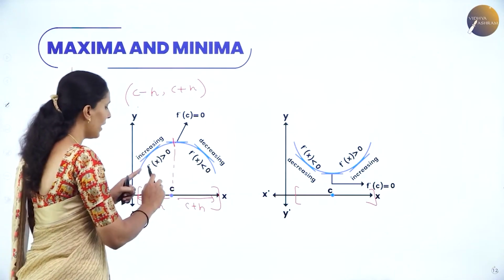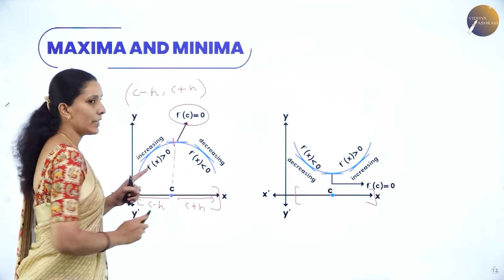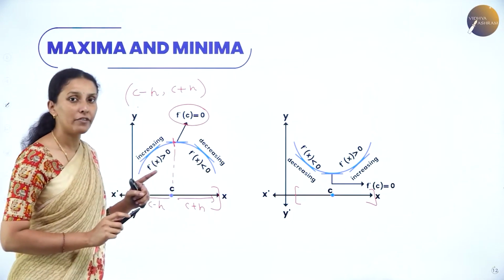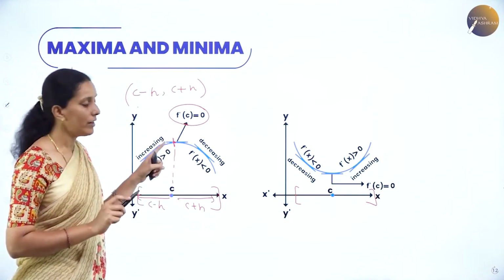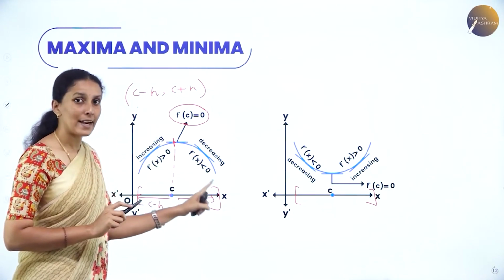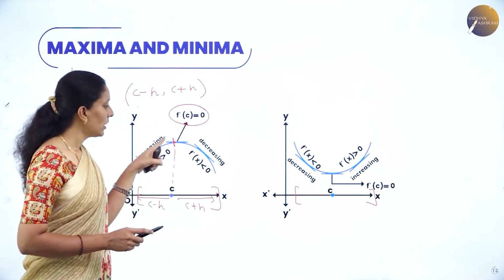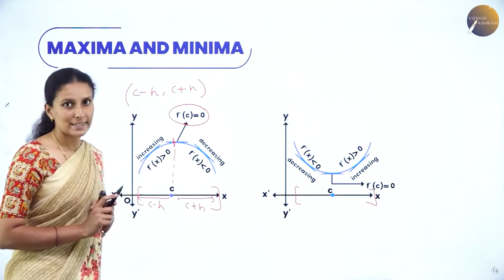So thus, f dash of x is greater than 0 and f dash of c obviously will be 0 because at this point f is differentiable and dy by dx is nothing but the slope of the tangent which is parallel to the x-axis and there it is 0. So dy by dx is 0 whenever the slope of the tangent is parallel to the x-axis.